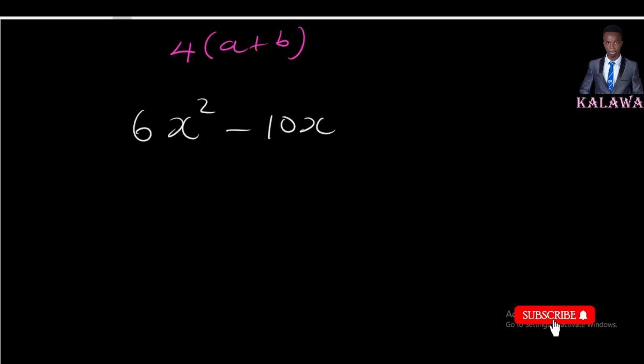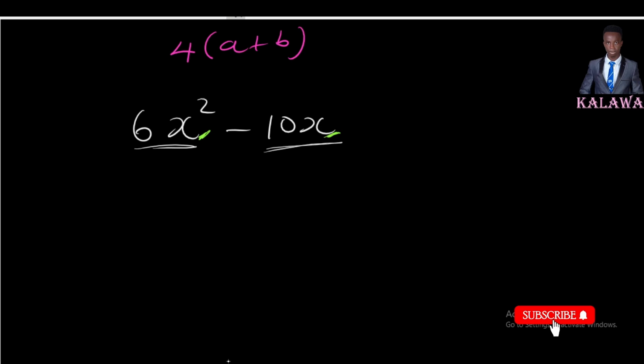Among these two terms, this is 6x squared and this is 10x. What is common between them? Ask yourself this question. One of the things we find out that is common between these two terms is x. We have x here, and we also have x here. So we have got one item that is common.